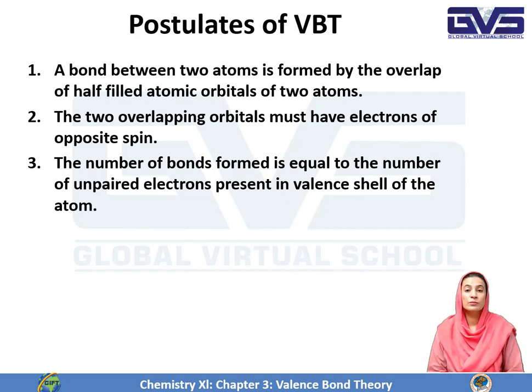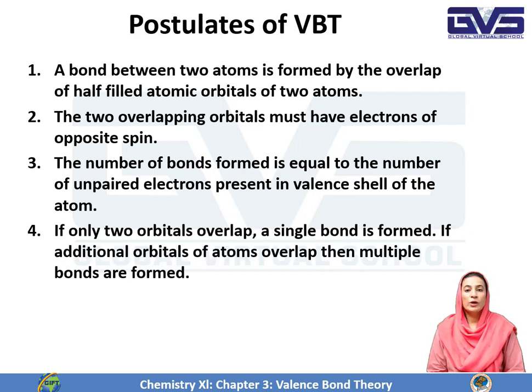If it has more than one, two, three, the bonds will be formed according to the number of partially filled atomic orbitals. If only one pair of orbitals overlap, of course they will form a single bond. If two pairs of orbitals overlap, they will form two bonds. If there are three pairs of orbitals overlapping, they will form a triple bond. So bonds depend upon the number of partially filled atomic orbitals.